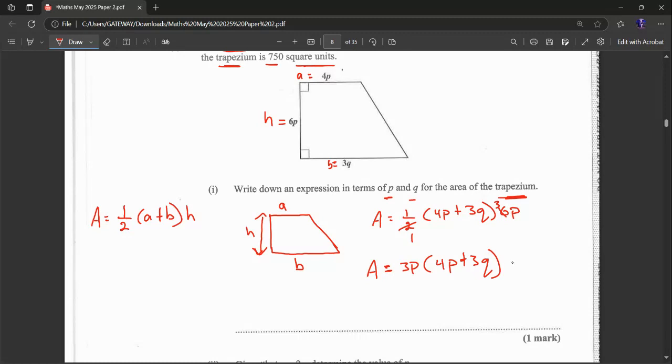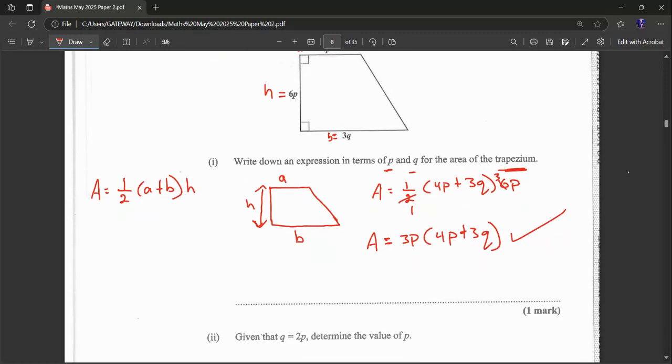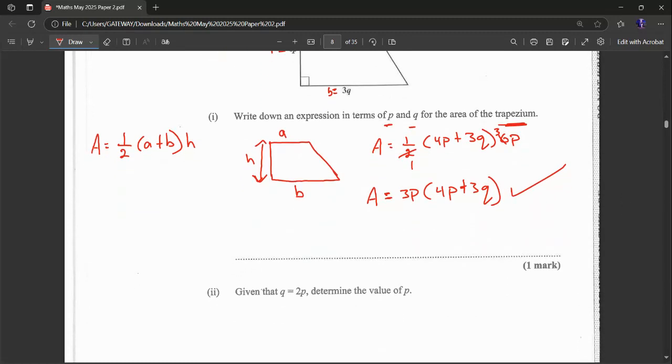So this is basically the formula for the area of the trapezium. But let's say an expression, so I can just remove the equal sign and I will just put 3P times (4P plus 3Q). And that is it there.